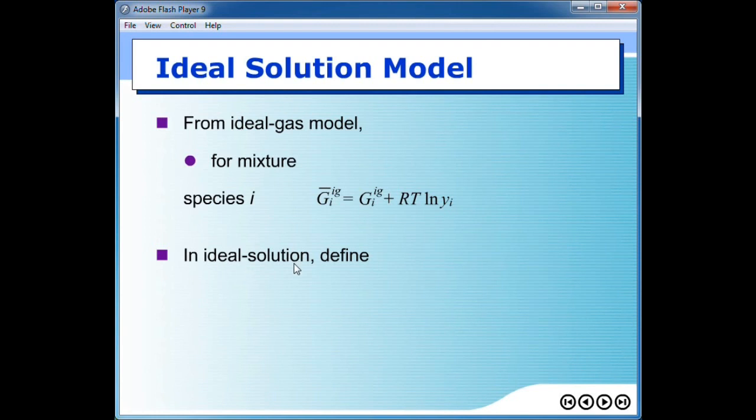Now, in an ideal solution, we have to define the equation for partial molar Gibbs free energy in a similar manner to the ideal gas mixture, like so. On the left-hand side, this is the partial molar Gibbs free energy of species i in the mixture. This mixture is an ideal solution, so we put the superscript ID here just to signify that.